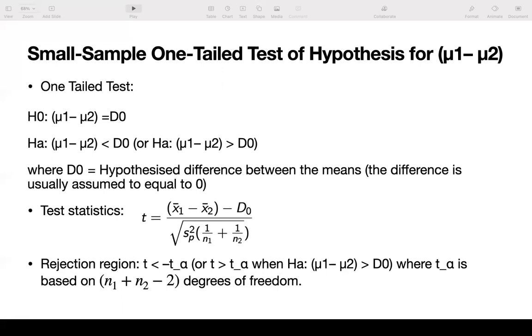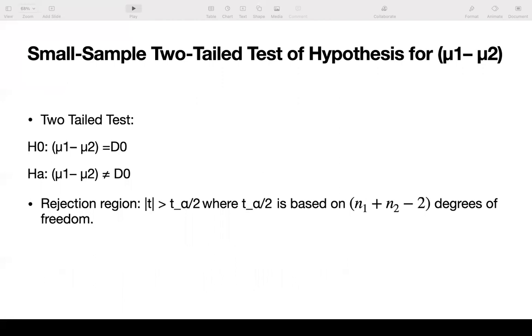For the rejection region, we have t is smaller than negative t alpha, or larger than t alpha when the alternative is that the difference is larger than D0, where t alpha is based on n1 plus n2 minus 2 degrees of freedom.